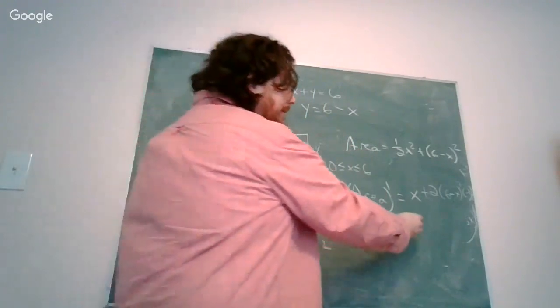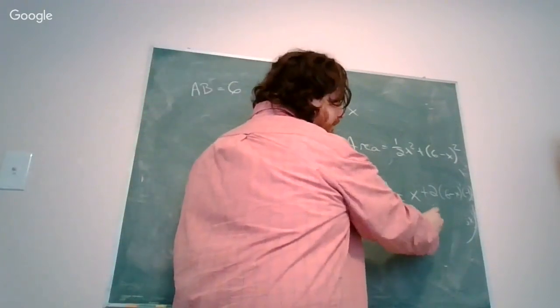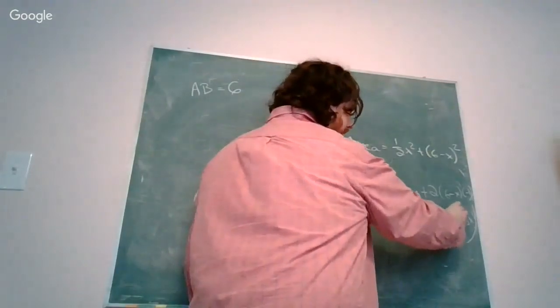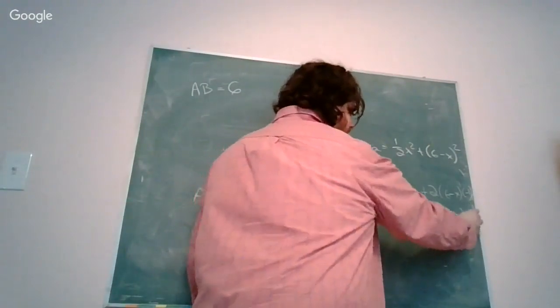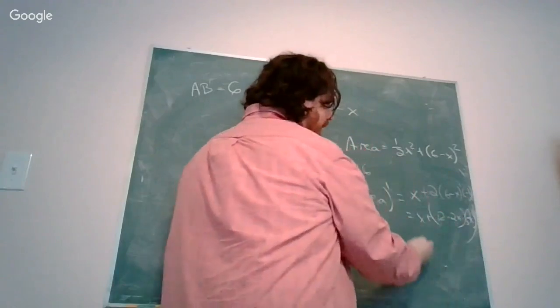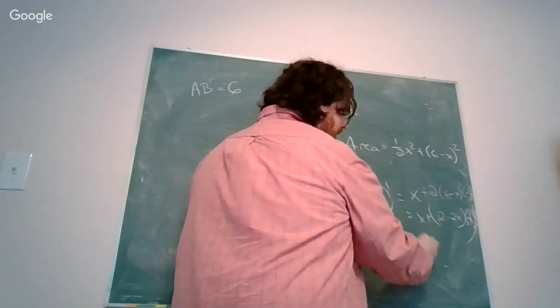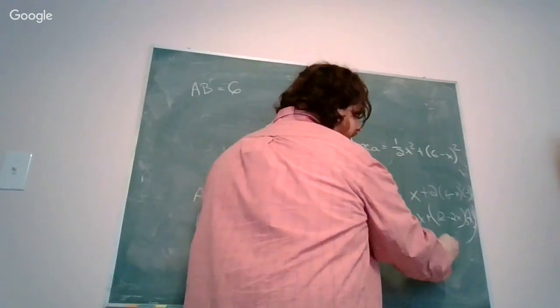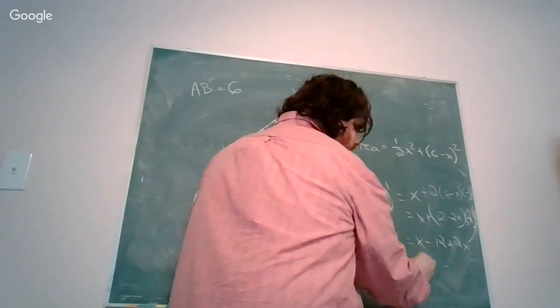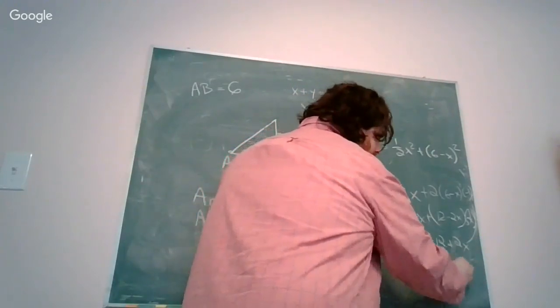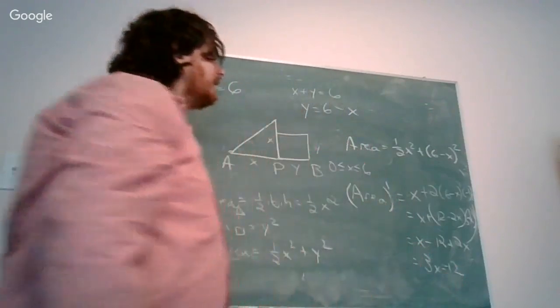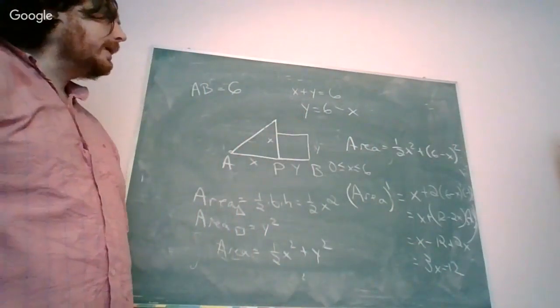Now I'm going to simplify that, so I get x plus 12 minus 2x times -1, and so I get x minus 12 plus 2x is 3x minus 12. And so the derivative of area is 3x minus 12.